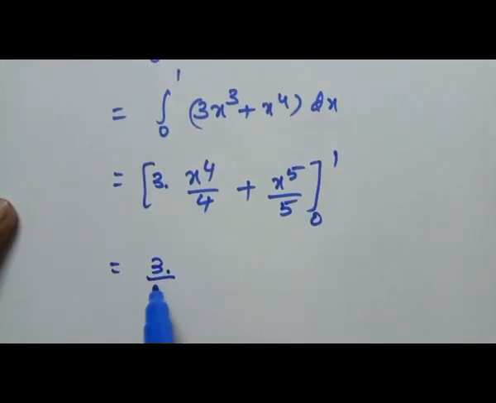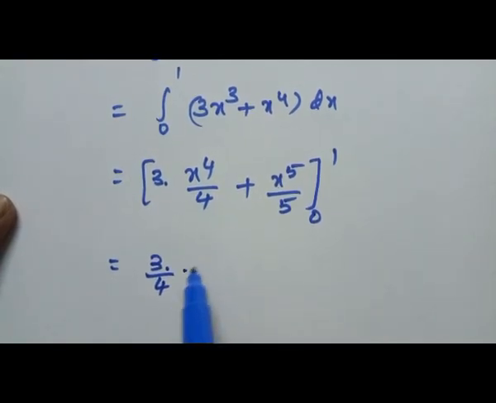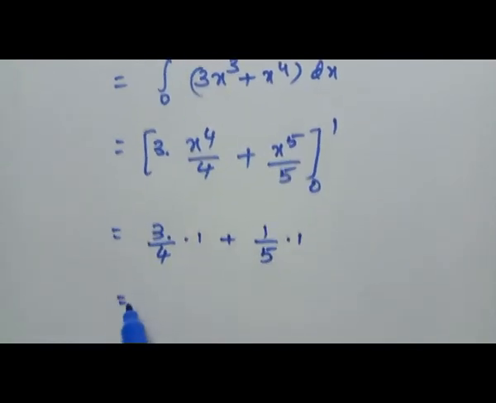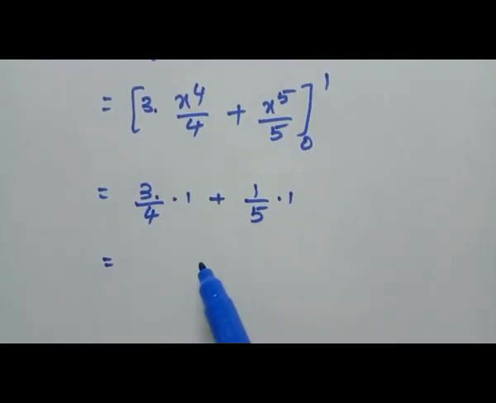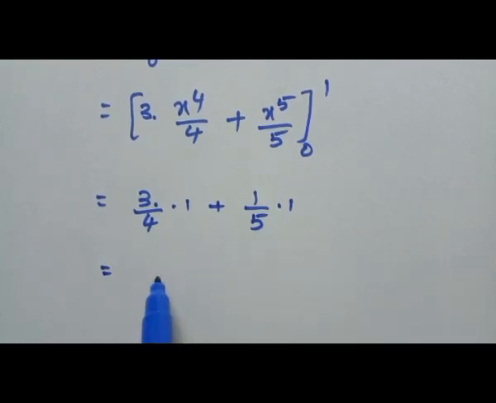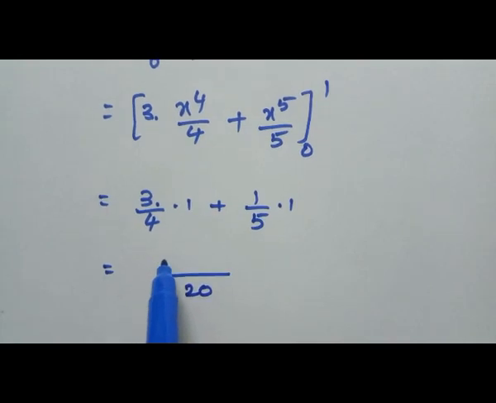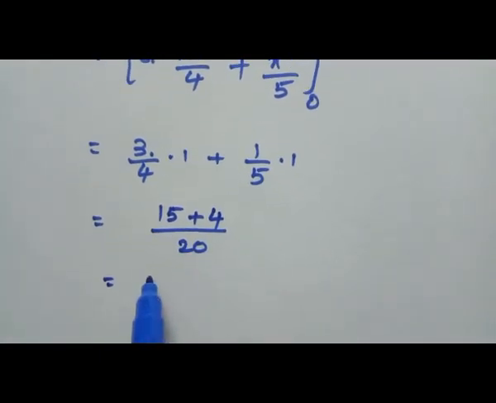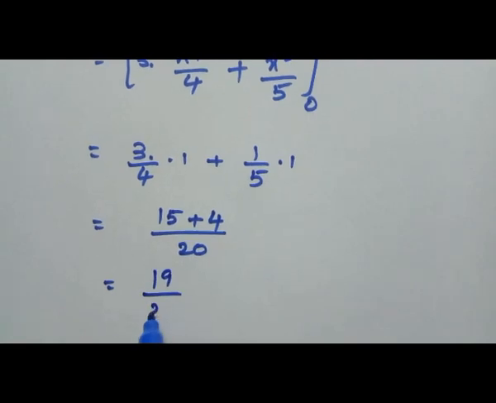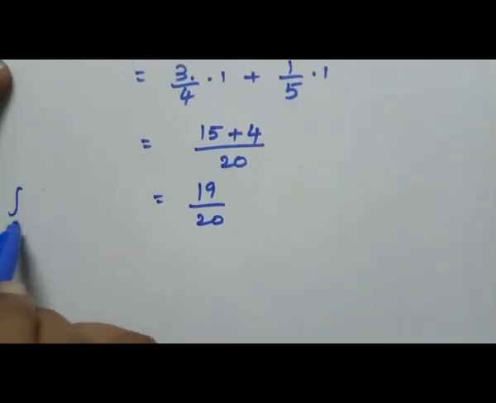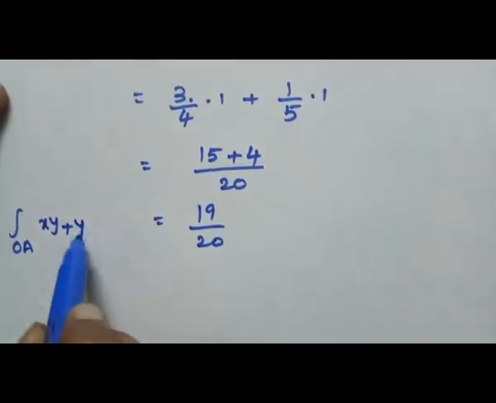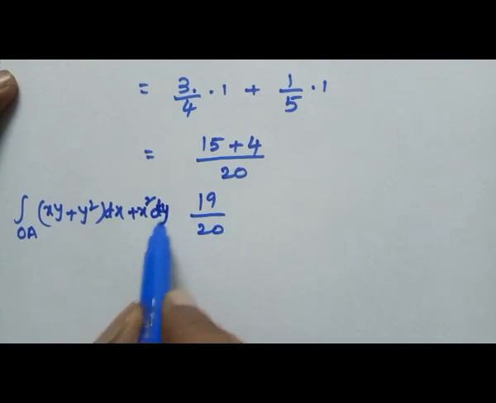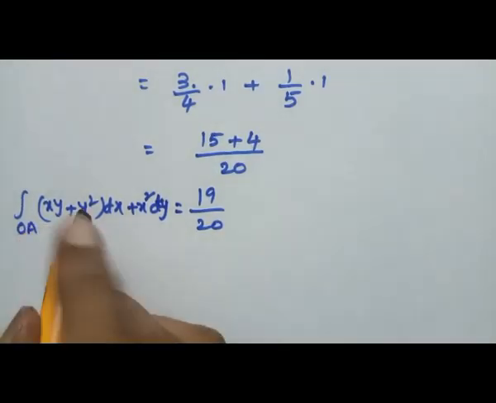This is 3 by 4 plus 1 by 5. Taking LCM 20, this becomes 15 plus 4, that is 19 by 20. Therefore the integration along OA of (xy plus y square) dx plus x square dy is equal to 19 by 20. This is equation number 4.